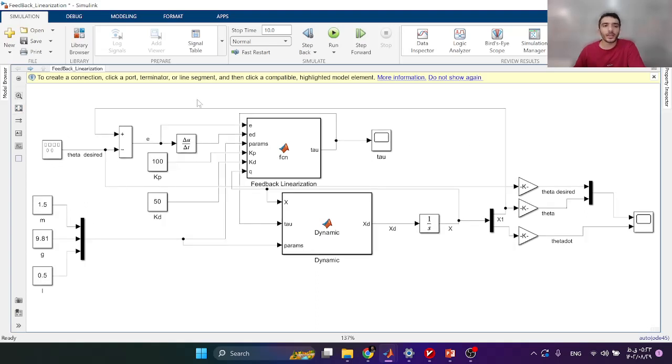So we can use the feedback linearization to cancel out the bad effects of the nonlinearities.